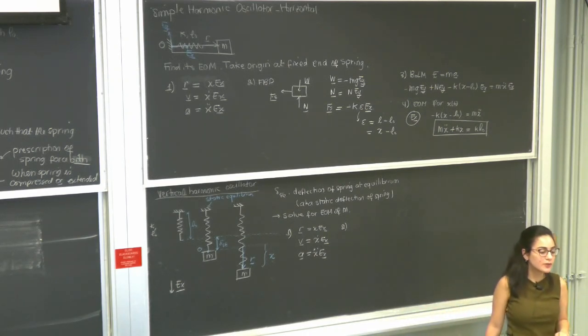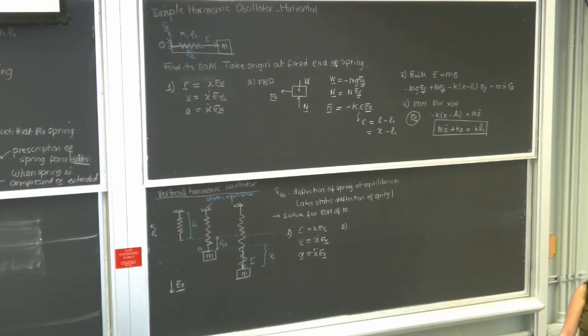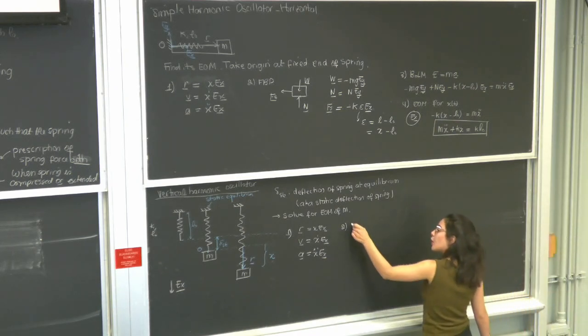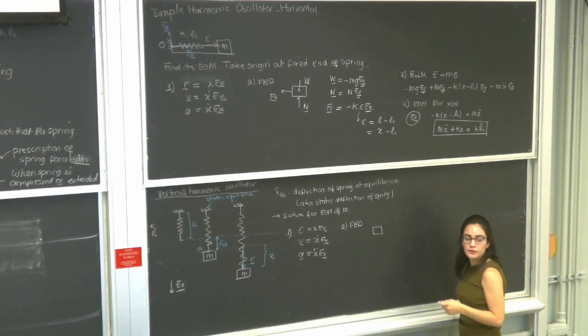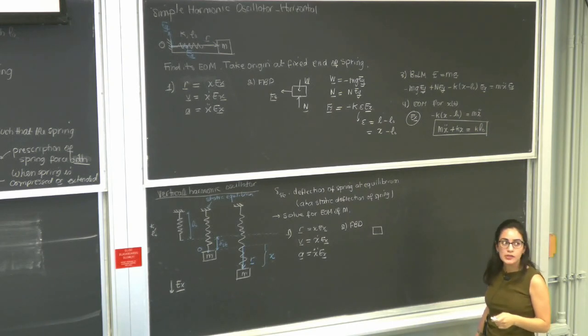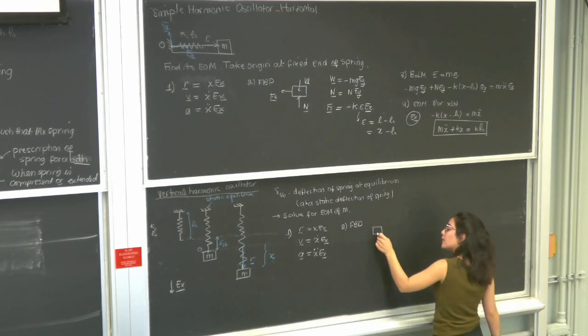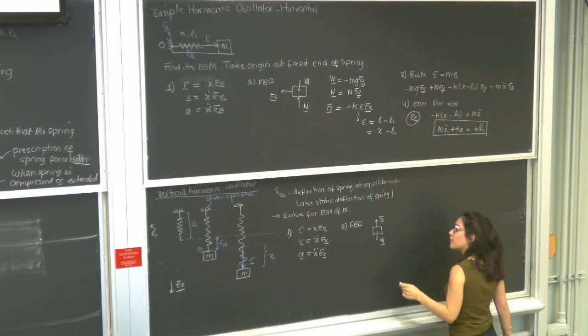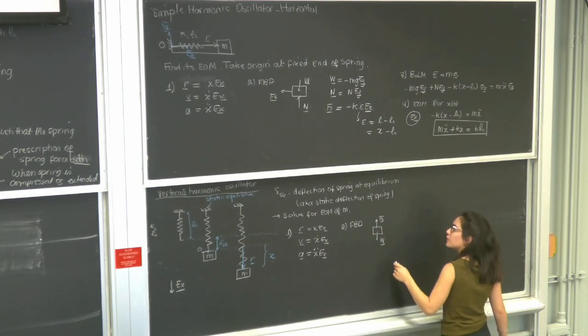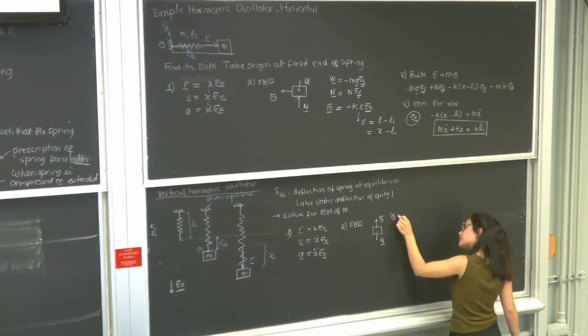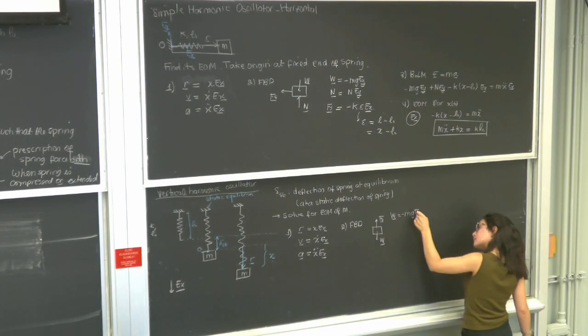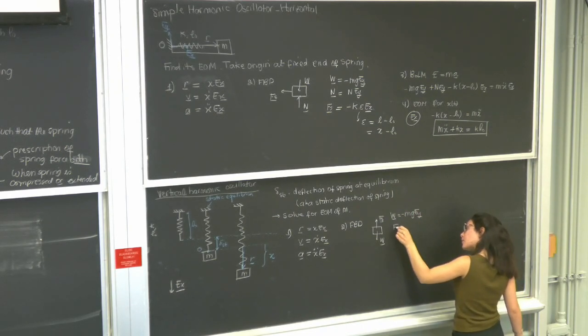What do I do? The free body diagram. How many forces are acting on the block? 2. Yes, 2. The weight and the spring force. The weight is equal to minus mg Ey. What about the spring force?